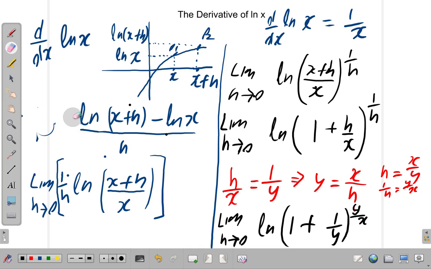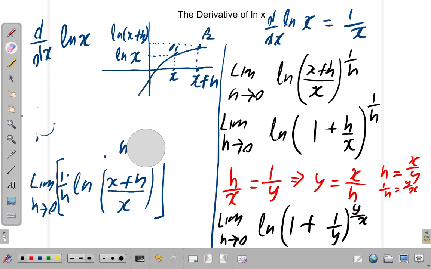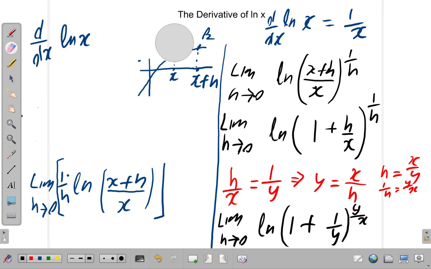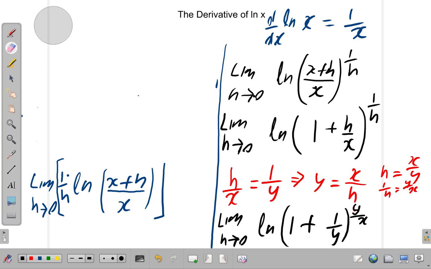Let's erase some of what we have here, and continue writing. Can erase this up here too to make some space.